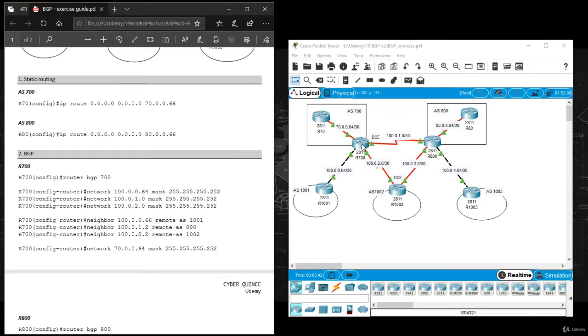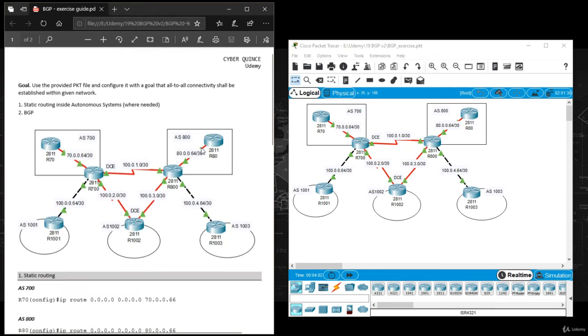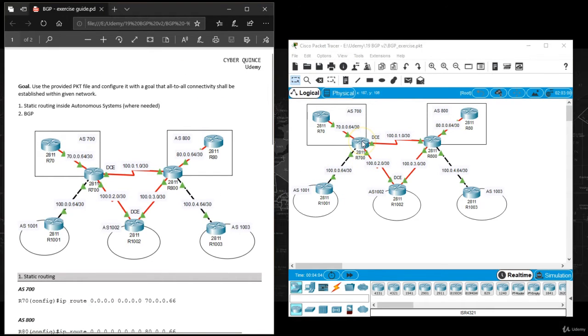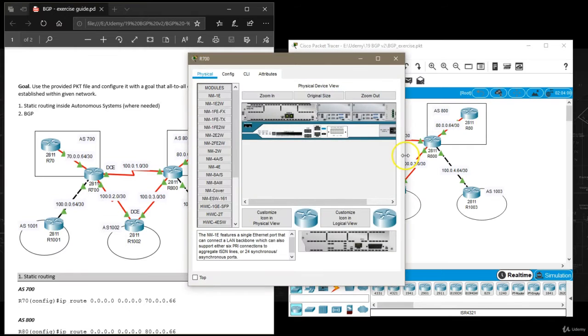So by having router 700 advertise this network, we are telling the other routers, hey, I know where this network is. If you have any packets destined to that network, send them to me and I'll know what to do with those packets. All right, let's move on with BGP configuration then.